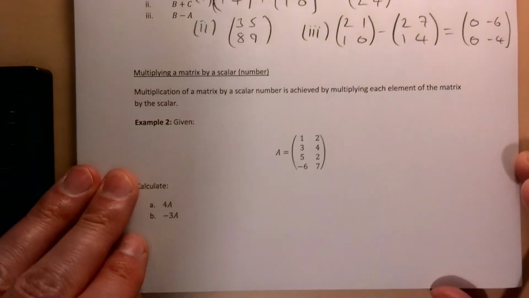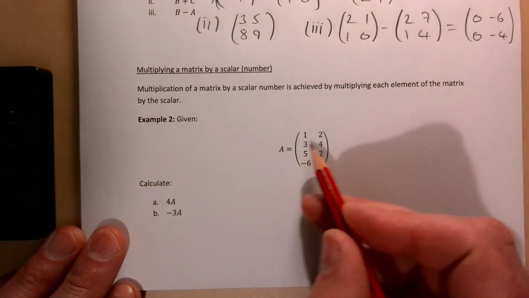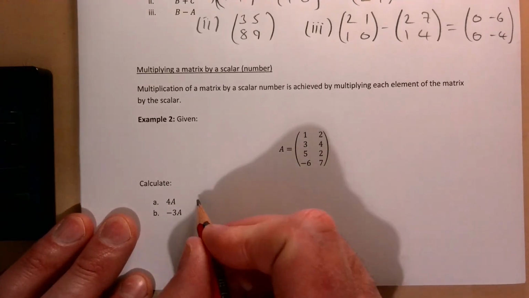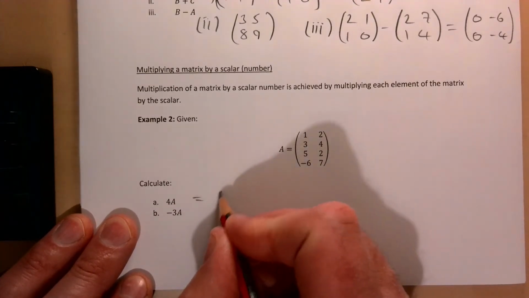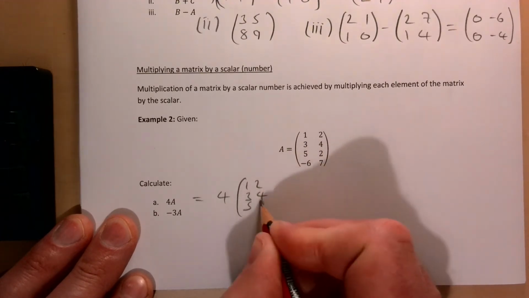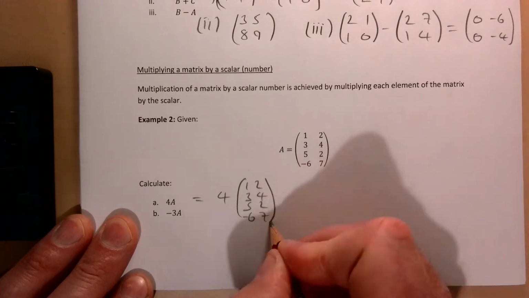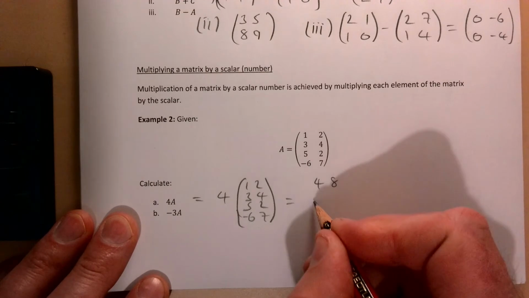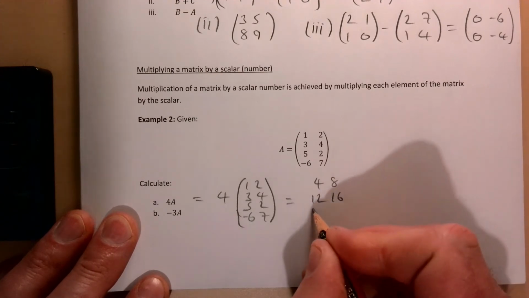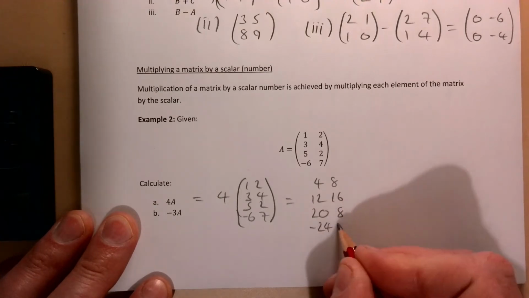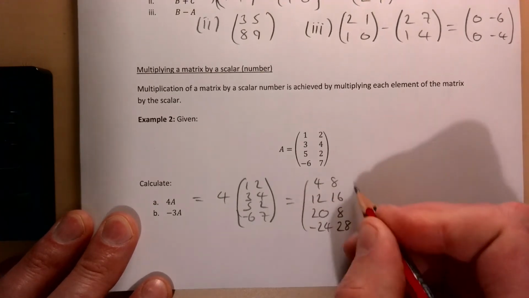Multiplying a matrix by a scalar, or just by a regular number, then if we have A, which is 1, 2, 3, 4, 5, 2, minus 6, 7, then 4A, of course, is going to equal 4 times 1, 2, 3, 4, 5, 2, minus 6, 7. And that's going to give us 4, 8, 12, 16, 20, 8, minus 24, and 28.